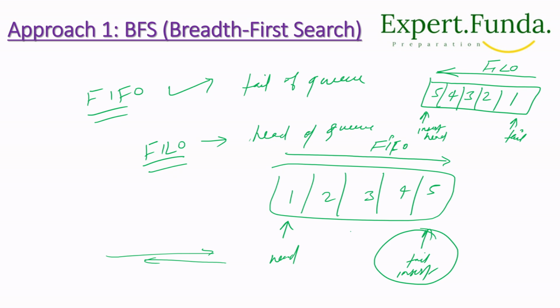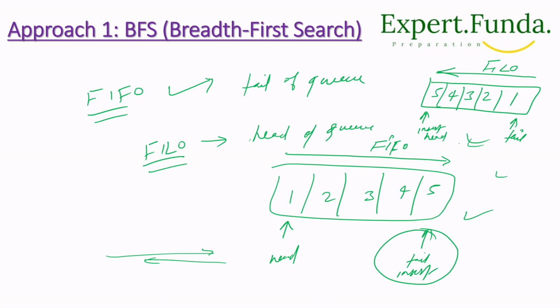So as we can see from these two graphs right here, the first graph 1 2 3 4 5 with FIFO ordering, we would have an output sequence of 1 2 3 4 5, correct, similar. And for this one that we have created, the ordering from the right to left, FILO, we insert the new element to the head of the queue.